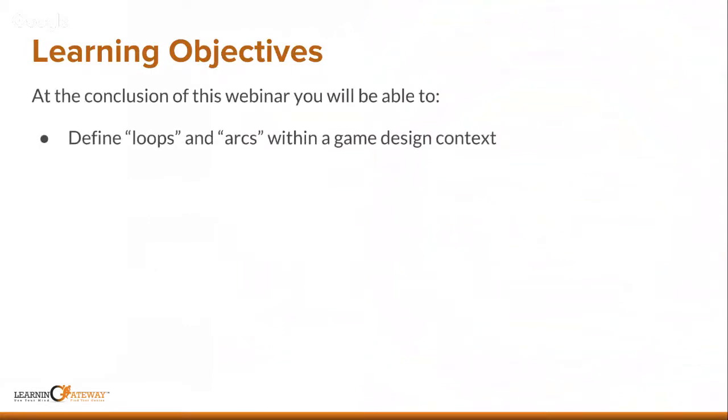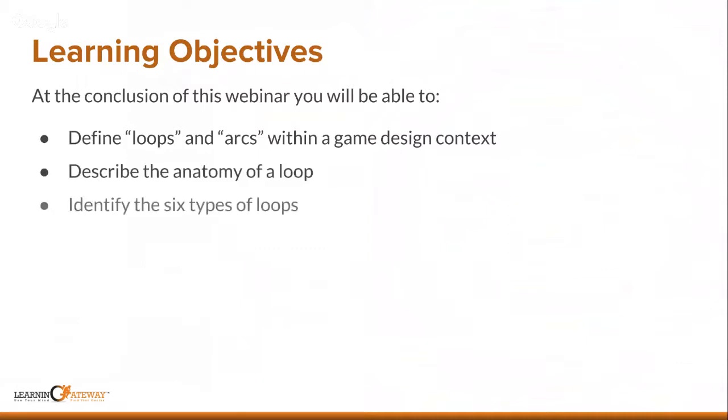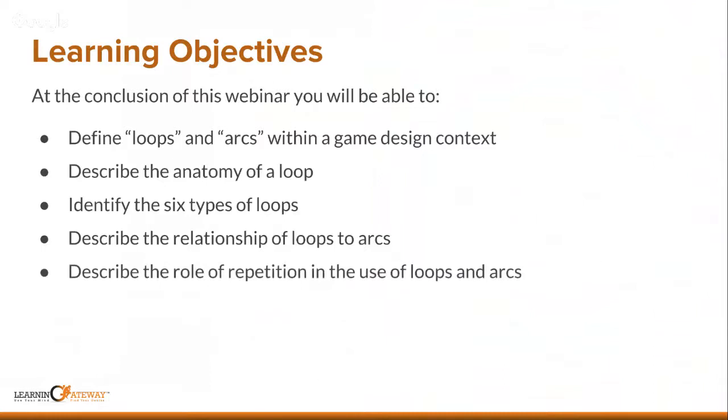So with that, let's jump into our learning objectives for today's webinar. You will learn how to define loops and arcs within a game design context, describe the anatomy of a loop, identify the 6 types of loops, describe the relationship of loops to arcs, and describe the role of repetition in the use of loops and arcs, and that is key to these particular elements of game design.